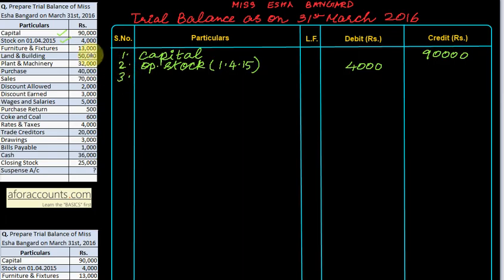Point number 3, furniture and fixture. All assets, be it furniture and fixture, land and building, plant and machinery, all have a debit balance. They are my assets. So furniture and fixtures at the debit side, 13,000.